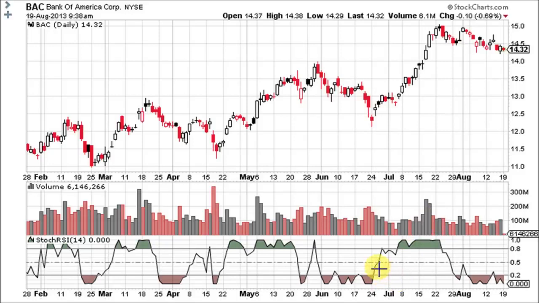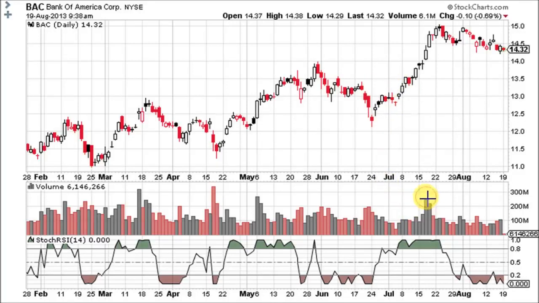Right here it breaks up above 0.5. It becomes bullish at this point right here. That was before a nice reversal candle formed a cup and handle, and a nice reversal candle at the bottom of the handle here. And when it started breaking above all this resistance, volume picked up.